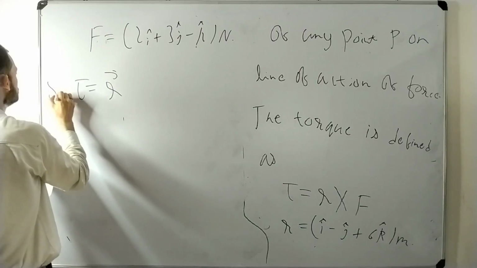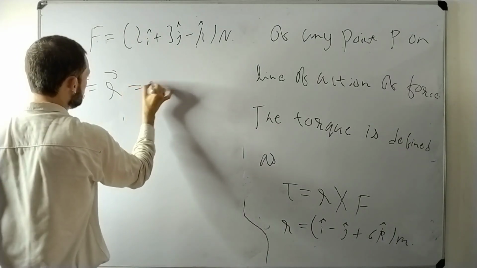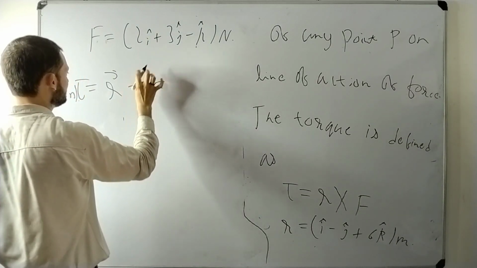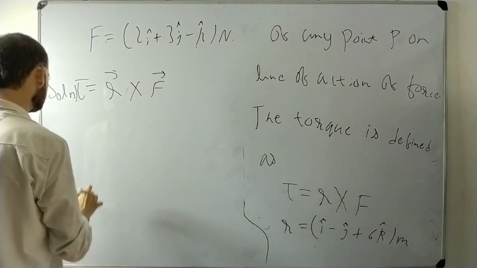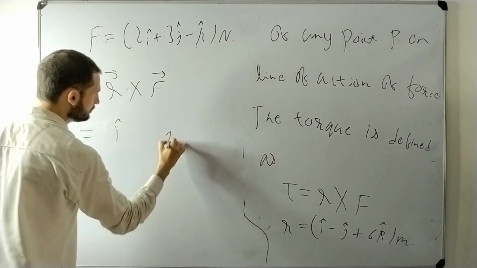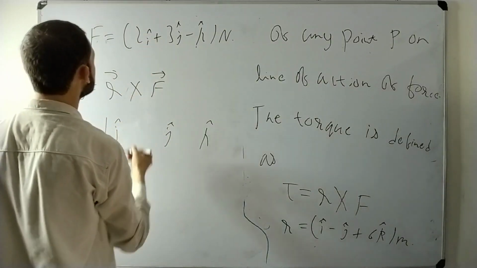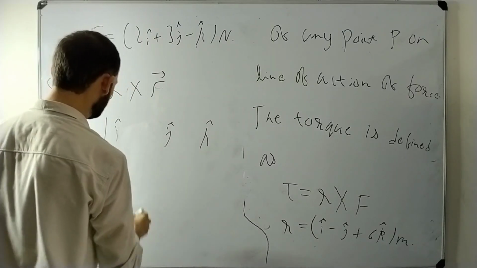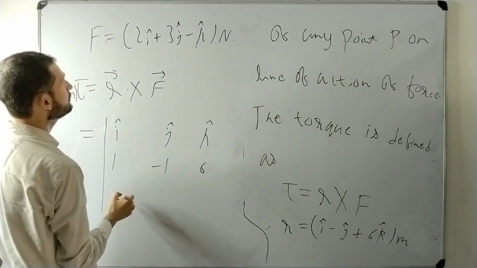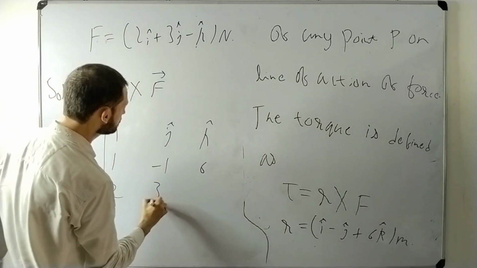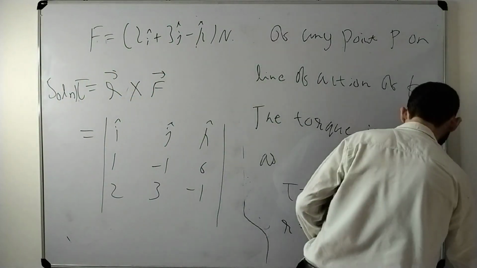Then torque happens to be, now solution. So the question has ended, solution part. Torque is what? R cross F. So what are you writing here? R cross F, and this is what? i cap, j cap, k cap, and where R is 1, minus 1, 6, and this is 2, this is 3, this is minus 1, and this is coming out to be what, student?